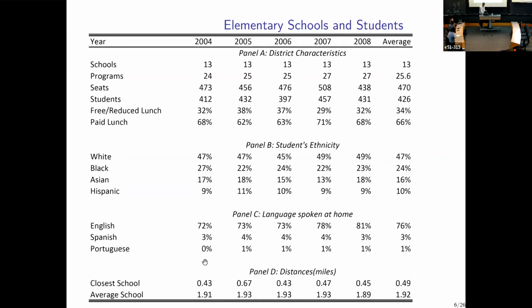But I just want to show you that the closest school to a student was at about half a mile, just to give you an idea when we compare magnitudes. But Cambridge overall is almost 5 miles from east to west, and the average school was about 2 miles away. Okay.